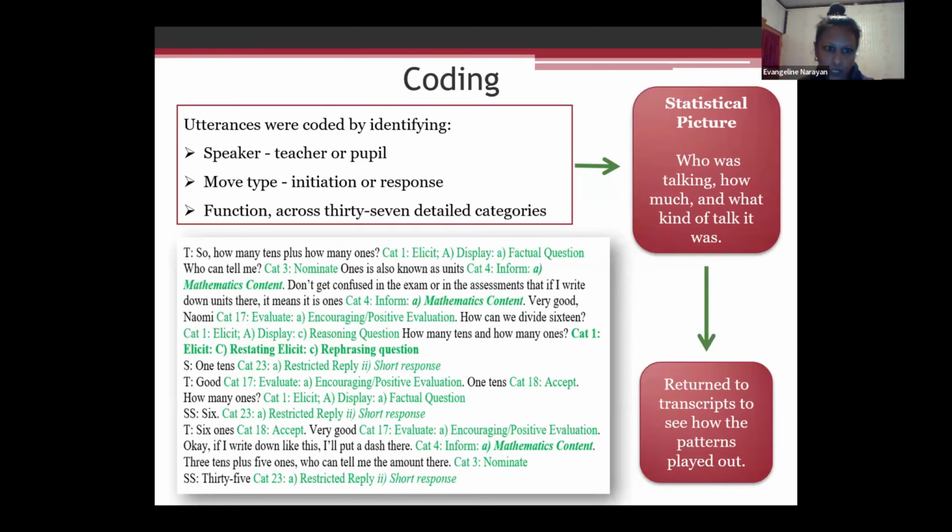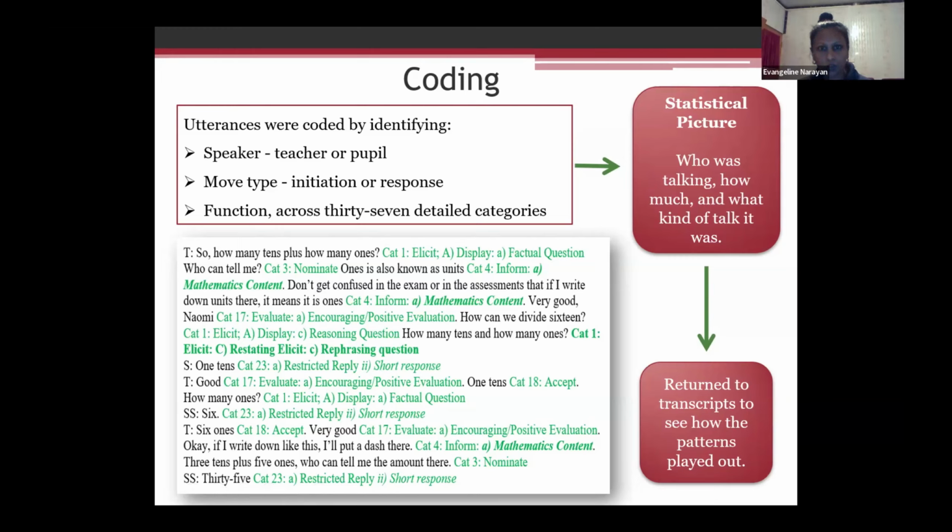Looking at the coding, each of the utterances were coded by identifying firstly the speaker, whether it was the teacher or the pupil, and then the move type, whether it was initiation or response, and then the function across 37 detailed categories. This is an example of how I carried out the coding.